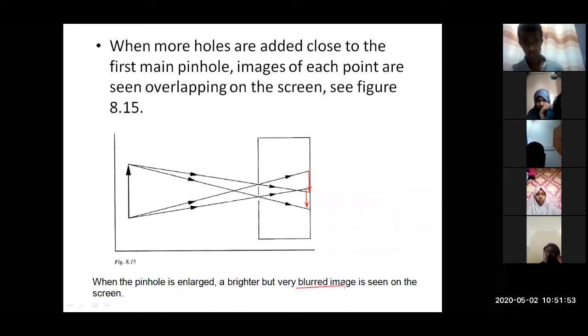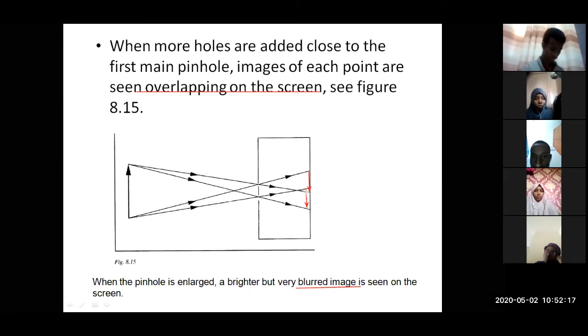To be blurred means the image is not clear. So many pinholes will produce overlapping images on the screen. I've shown you how the images will overlap. So each pinhole is forming an image, so the images will lie on each other. That means overlapping. And therefore, they form one image which will be very large, and that image will appear to be blurred.